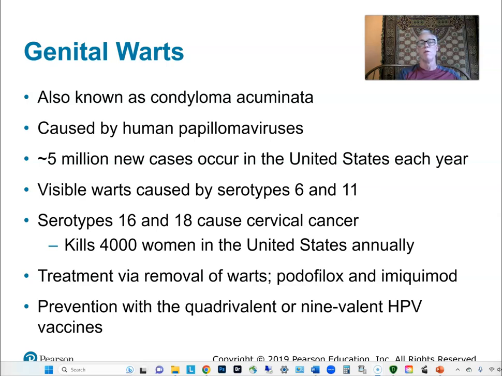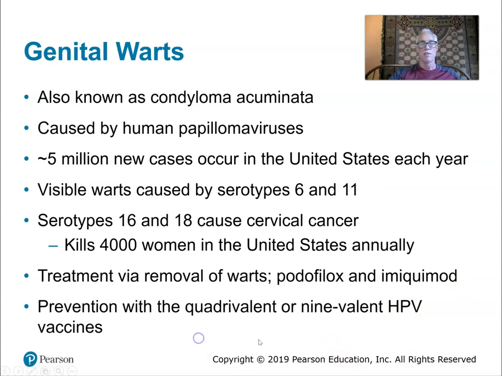For example, HPV 6 and 11 tend to cause warts on the surface of the skin, whereas HPV 16 and 18 are the most notorious ones associated with cervical cancer. Hence they have the multivalent HPV vaccines to prevent human papillomavirus infections and cervical cancer.